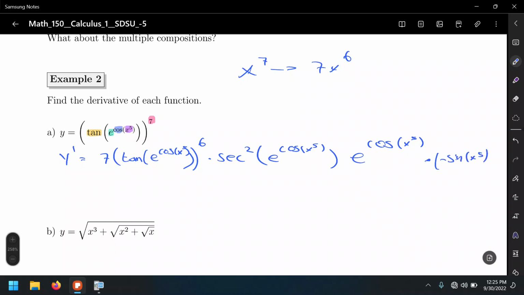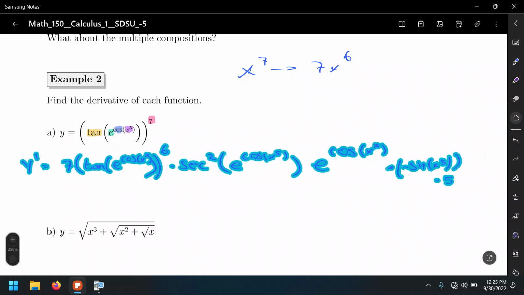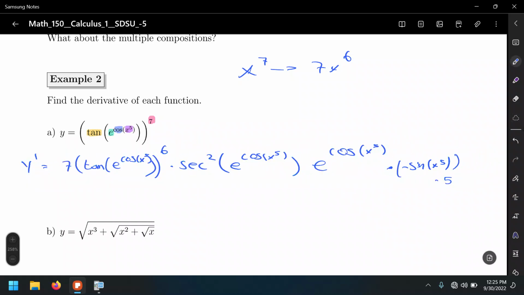And the last one, what's the derivative of x to the 5th? Well, let me make some room over here. 5x to the 4. So we're done differentiating 1, 2, 3, 4, 5 layers.